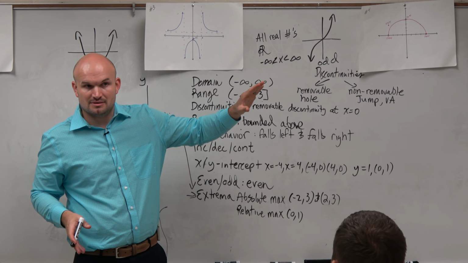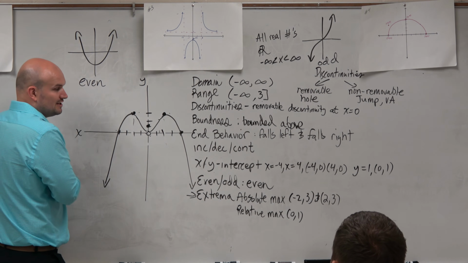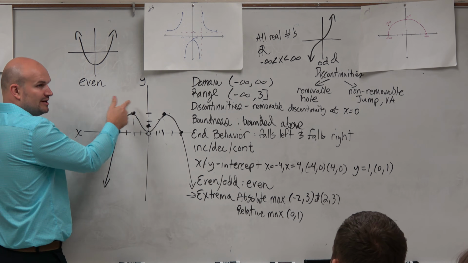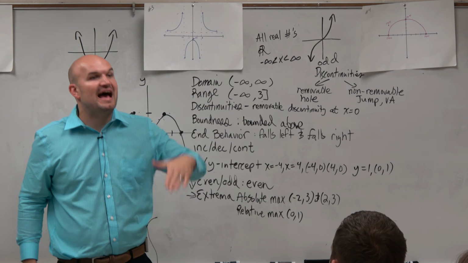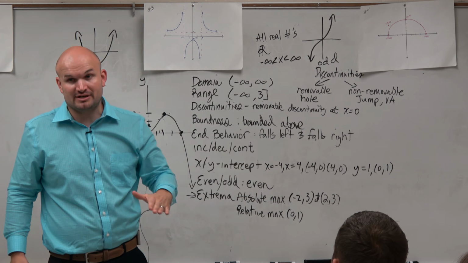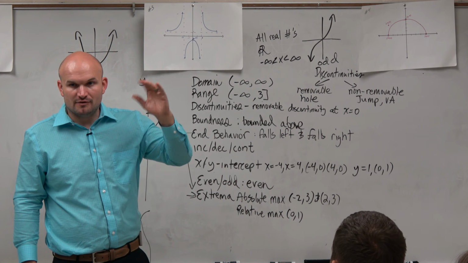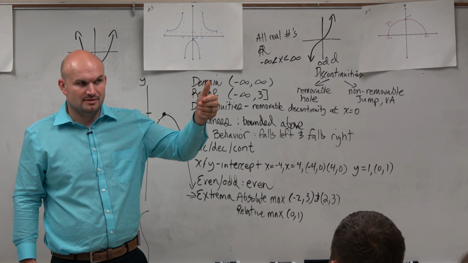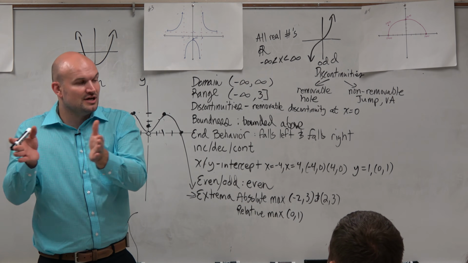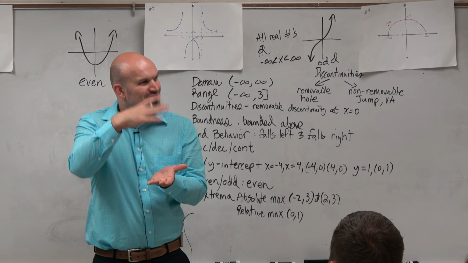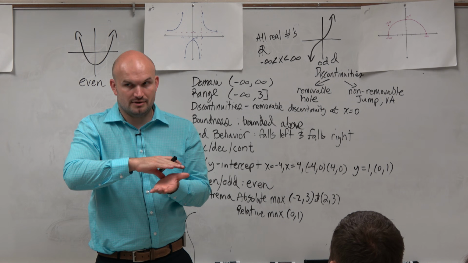If I say the graph is increasing from y equals 0 to y equals 3, that's giving me the values of how high it's increasing from one interval to the next. So if you're talking about x values, you're talking about location, and y values, you're talking about the value of how high or low it's going.